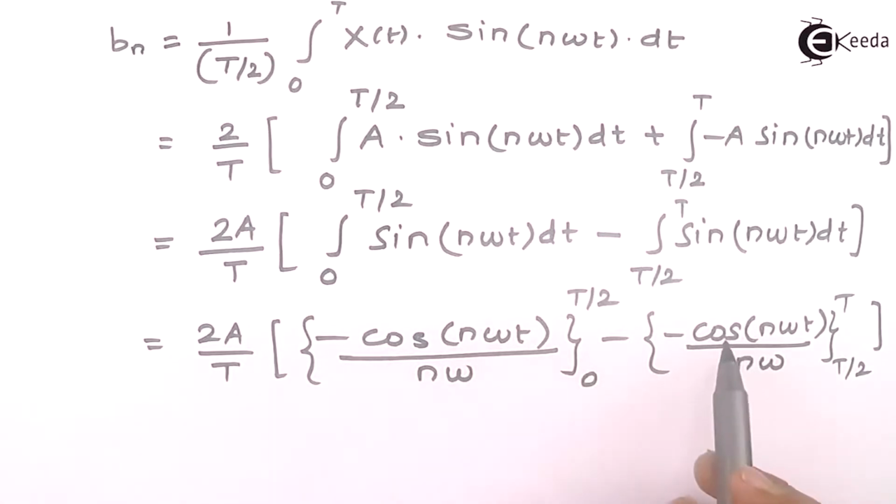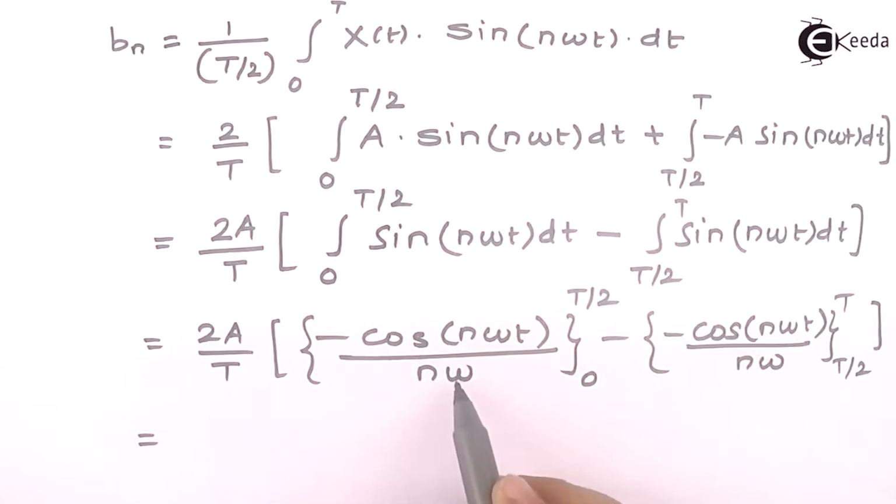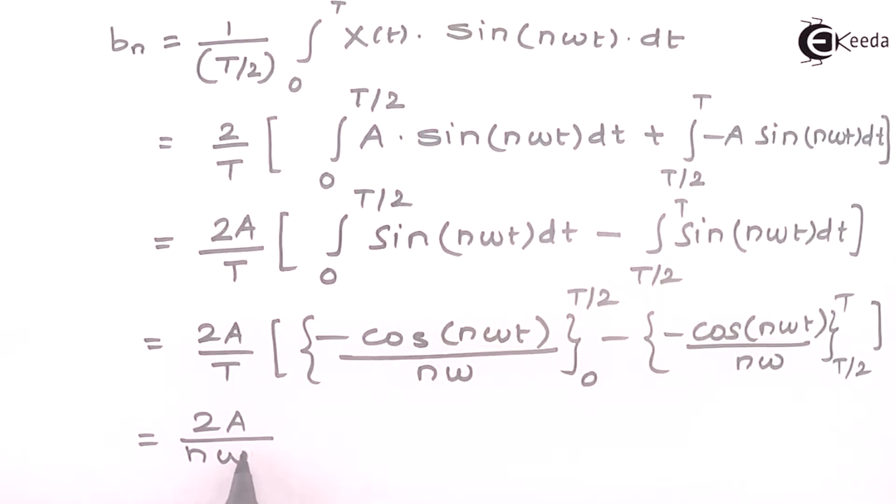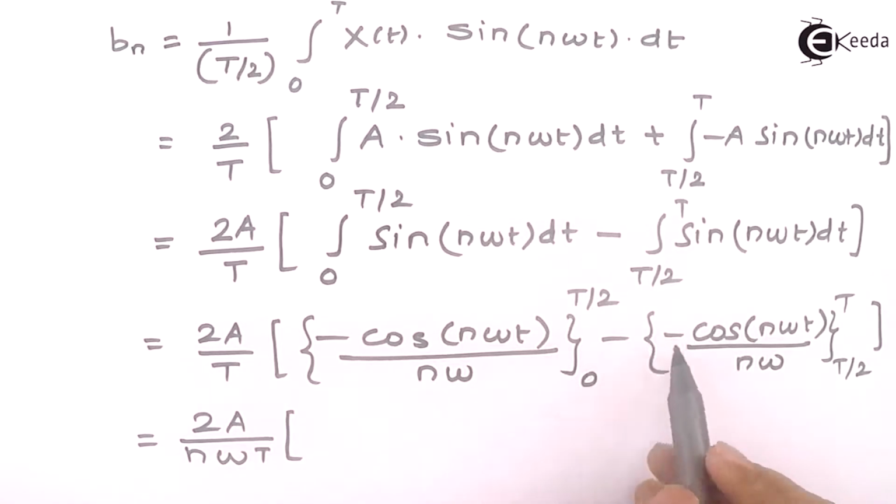Now we need to apply the limits to this particular equation. Before that, let's simplify by taking this n omega out of the integral. So it is 2A upon n omega capital T inside a bracket. This minus minus will become plus.